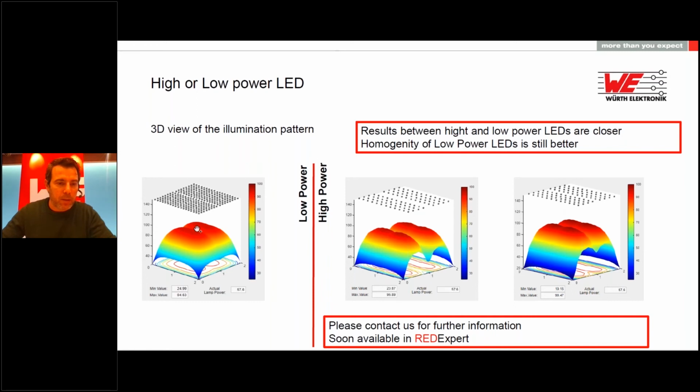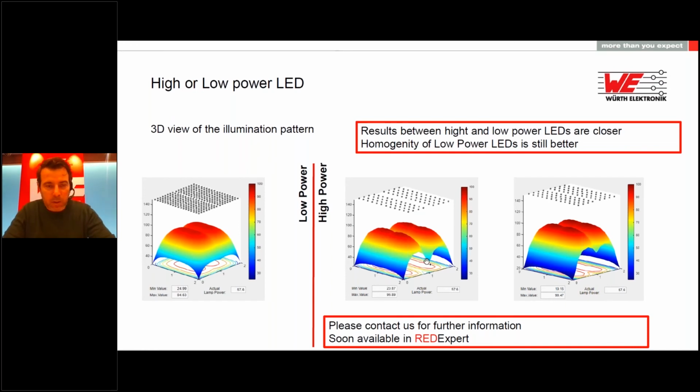The low power lamp has a peak too, but as you can see, there is a homogeneous plateau on the top, whereas for the different high power solutions, you can see this peak that provides a line in the middle which is not that homogeneous.